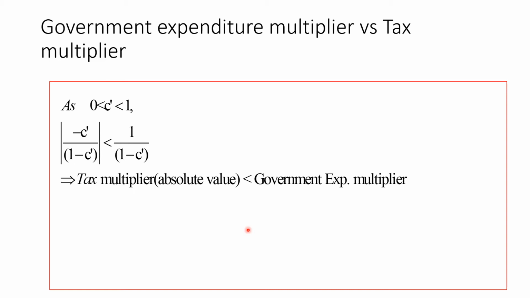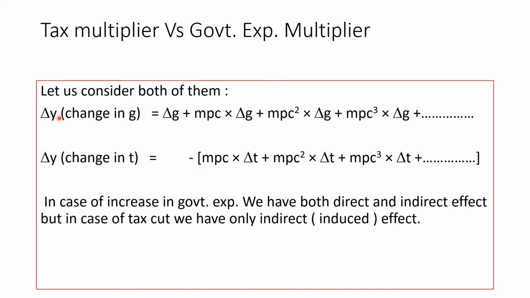I told you that in the case of the government expenditure multiplier there was a direct effect and an indirect or induced effect, but in the case of the tax multiplier, there is only an induced effect. Just remember how the government expenditure multiplier was working. The change in G was initially delta G, the first round effect, which is the direct one.